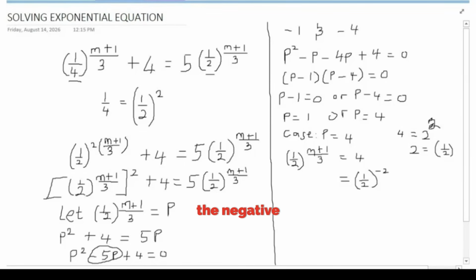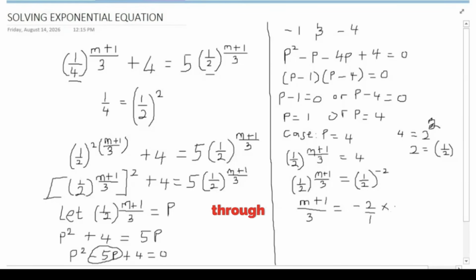If we apply the negative index law of indices, you are going to arrive back to 4, I mean what we have on this right hand side here. So I can write 1 over 2 raised to power M plus 1 over 3 to be equal to 1 over 2 raised to power minus 2. So comparing their power, we are going to have M plus 1 over 3 equals to minus 2.